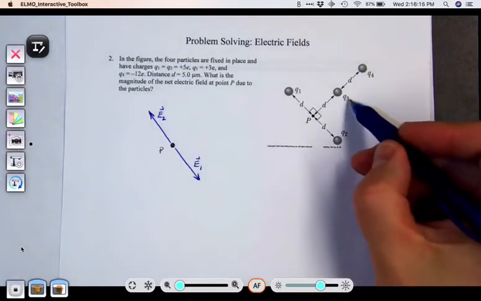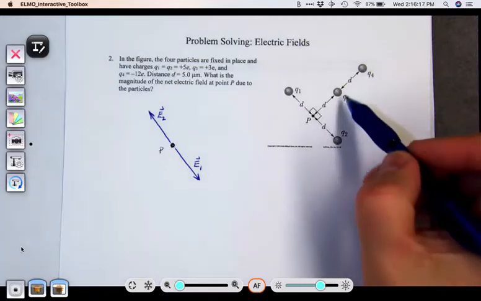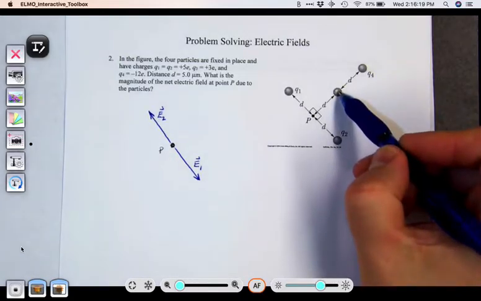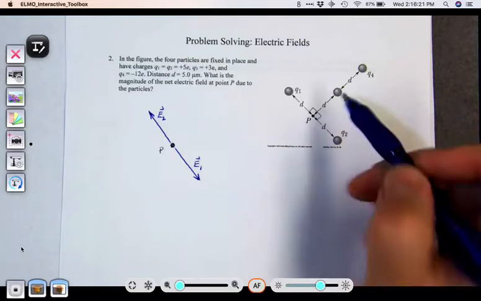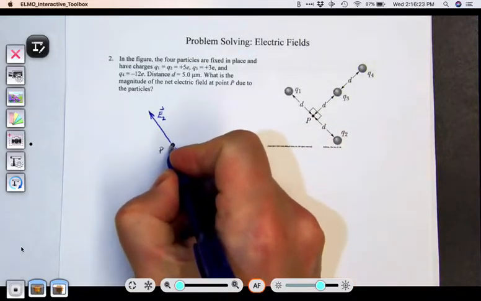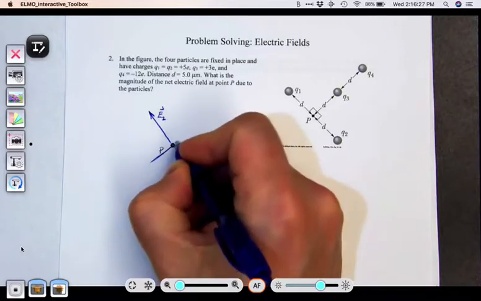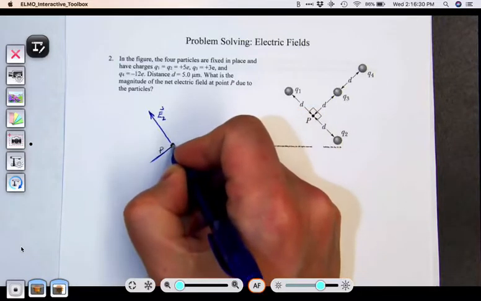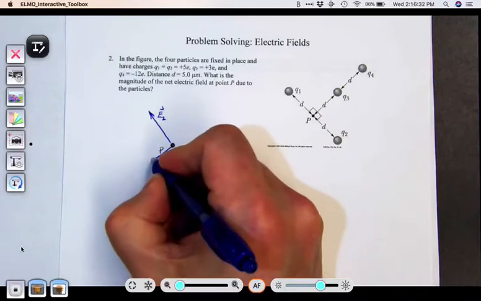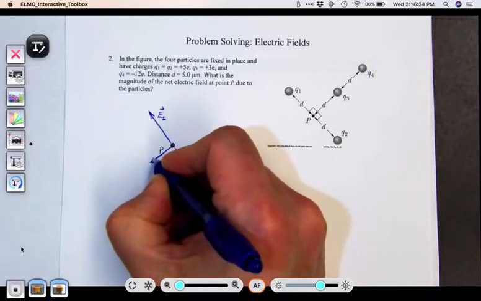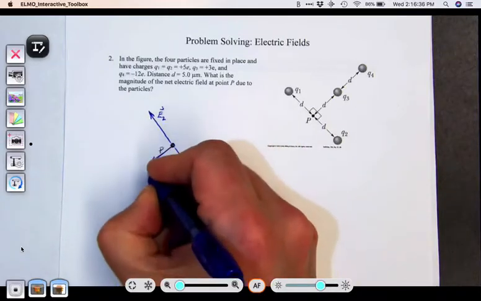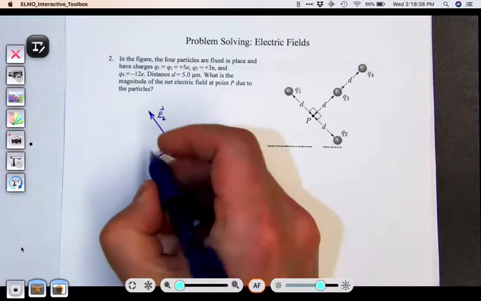Let's move on to charge 3. Charge 3 has a charge of plus 3e, and it's a distance d away. So I would draw its electric field vector pointing, again, away from the line between wherever charge 3 is and point P, but I'm going to try to draw it 60% of the length of the electric fields from charge 1 and charge 2.